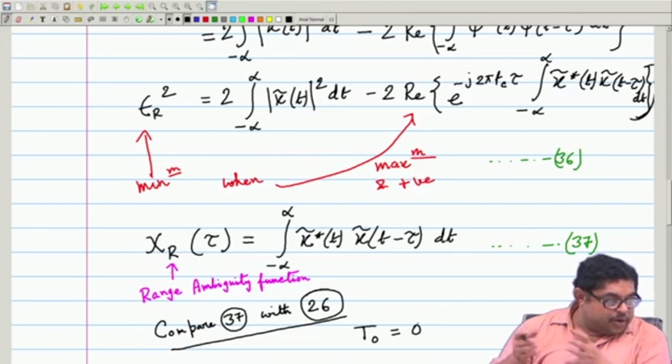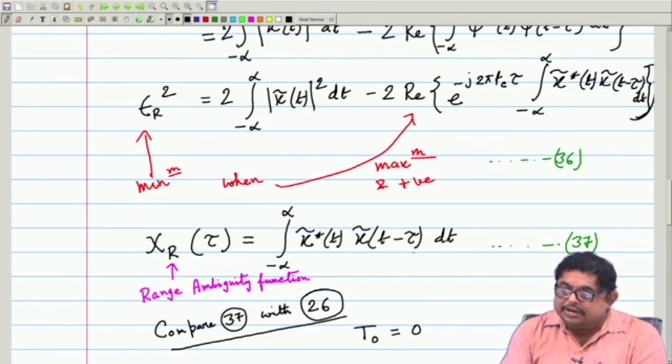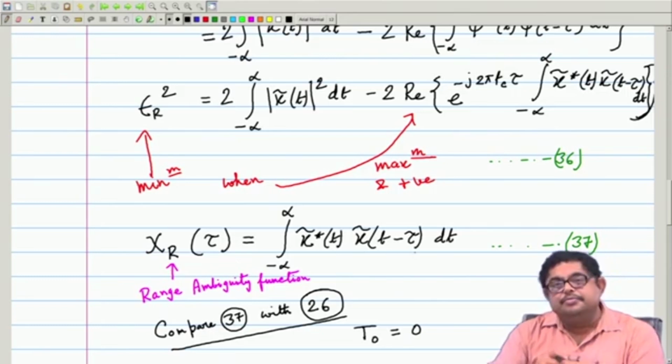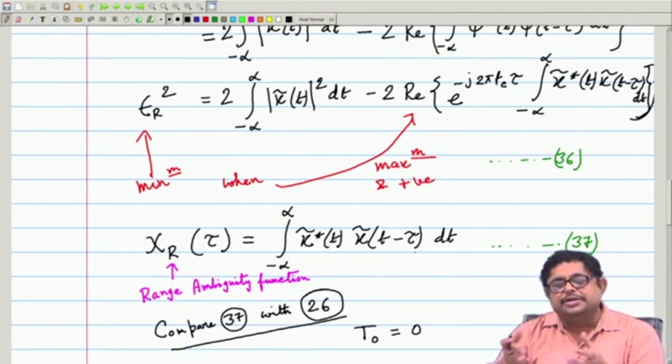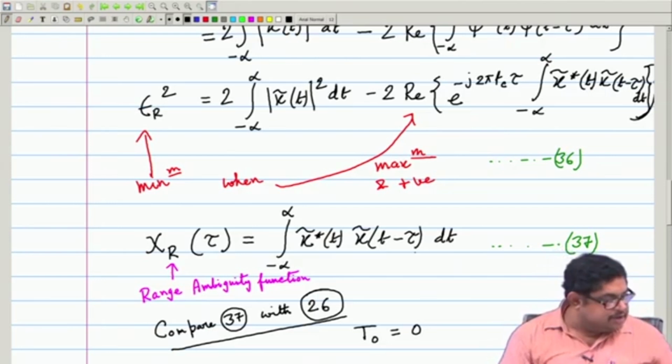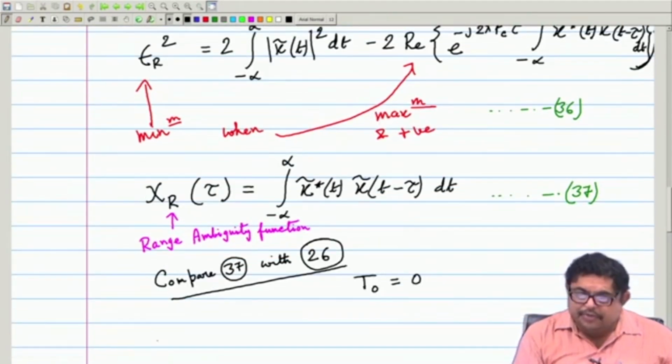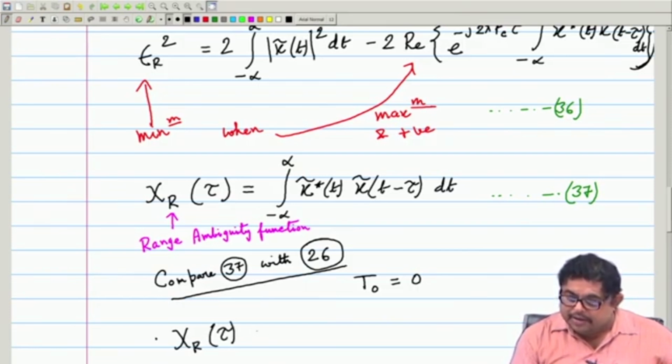And also I can say that this X r tau is nothing but the autocorrelation function of X, the complex envelope. So, obviously, for tau equal to 0, it will have maximum. So, I can say that the ambiguity function is maximum at this.